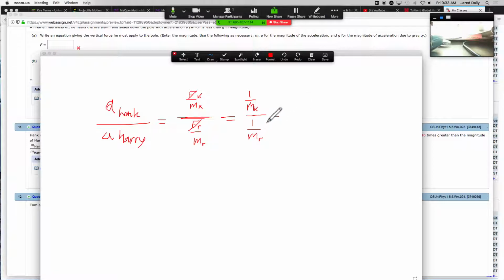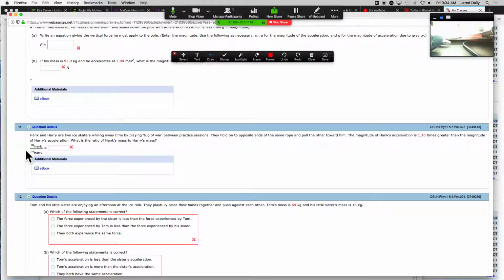And what we end up with is we flip this fraction and get rid of the compound fraction, right? So we end up with mR over mK. So that means that the acceleration of Hank over the acceleration of Harry is equal to the mass of Harry over the mass of Hank. Well, they're asking for the mass of Hank over the mass of Harry.